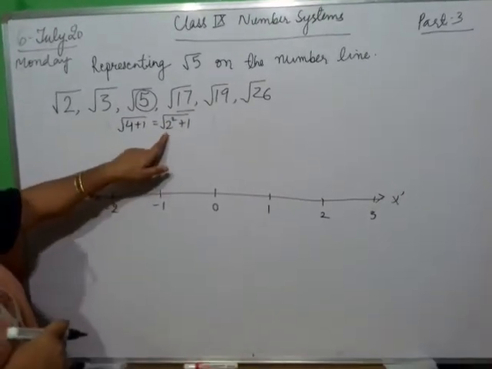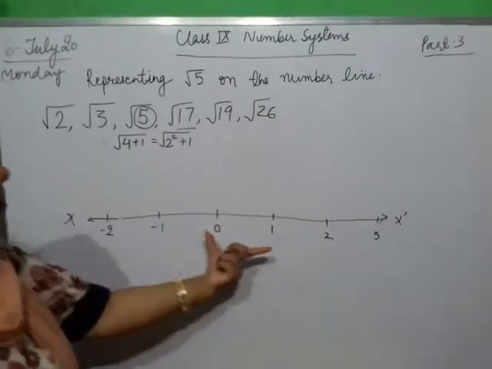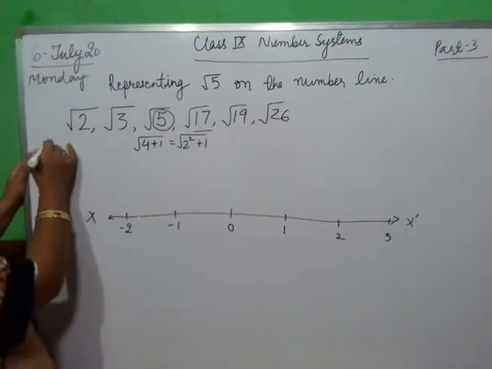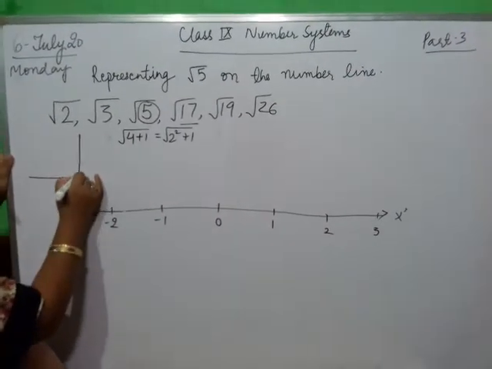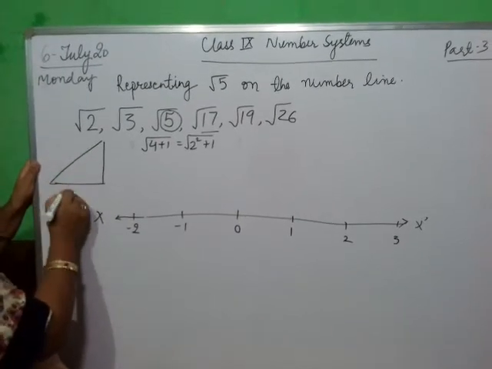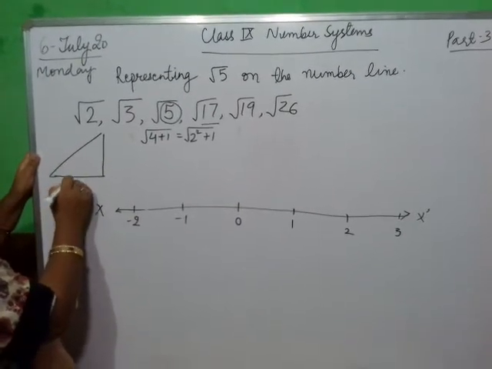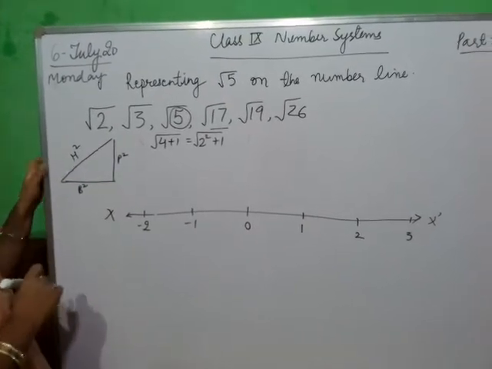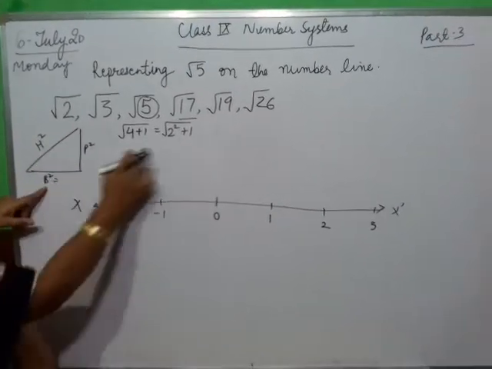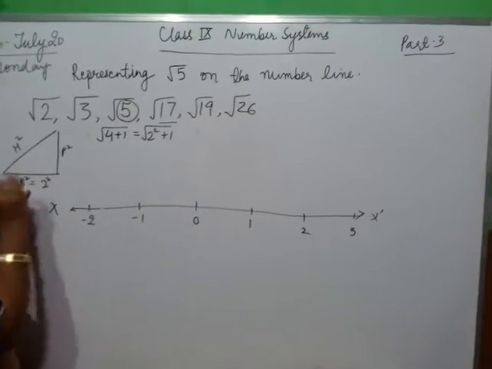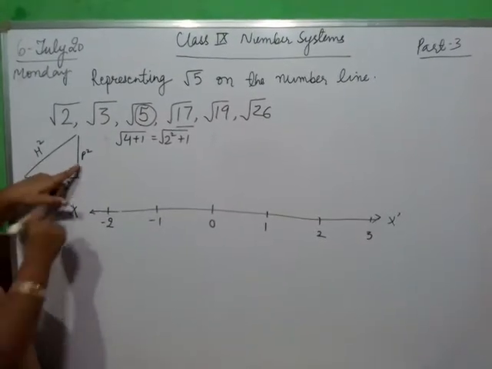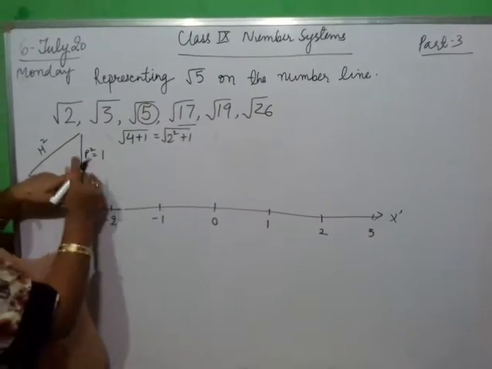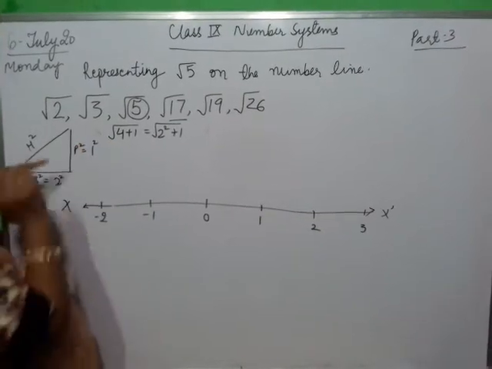So we need to make this base, because if you remember we studied that in a right angle triangle, the square of the base plus the perpendicular square is equal to the hypotenuse square. Now if base is 2, the square of base is 2 square, and its perpendicular is 1 unit, so the perpendicular square is 1 square.